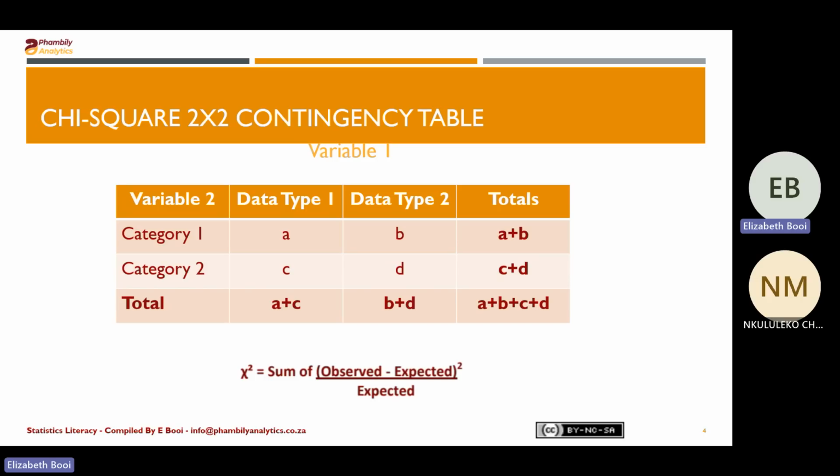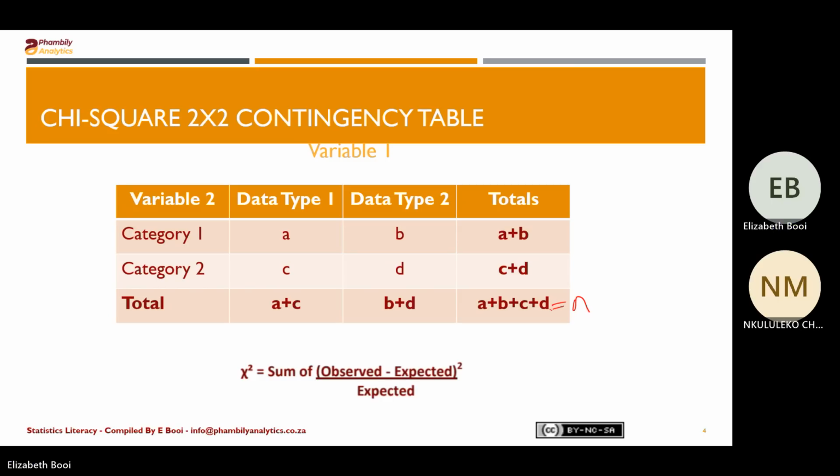Inside is where you will say category 1 and data type 1 have their number of amount that they join on, and category 2 and data type 1 will also have a number of events that they join on. You also need to make sure that you add the column total and the row total so that the sum of it will create what we call a sample space, or your N, or your grand total.